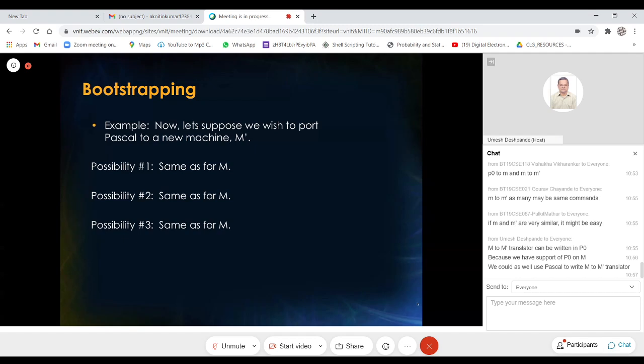Okay, so what I'm trying to show here is that once we have support of something already available, which is the most expressive language that we have built so far, we can use that language to build a simpler translator using this entire higher level language support itself, because we have this entire pipeline of supporting Pascal.